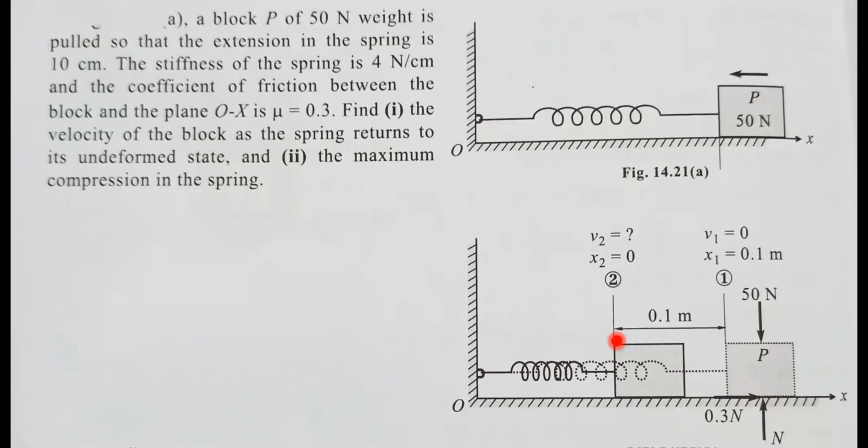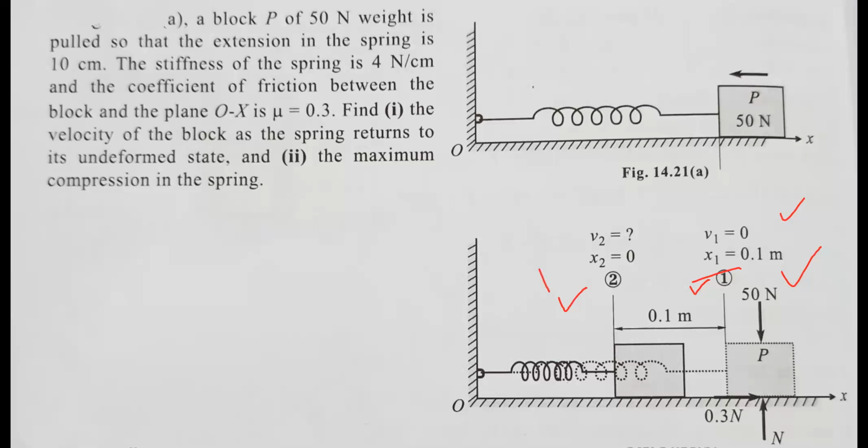Now let us see how we can solve this numerical. As you can see in the figure below, we are considering two situations, position 1 as well as position 2. In position 1, the velocity is equal to 0, and the spring is in extension. Therefore the deformation x1 is 0.1 meter. When it has been released and covered a distance of 10 centimeter, at that state it is going to have its free length.